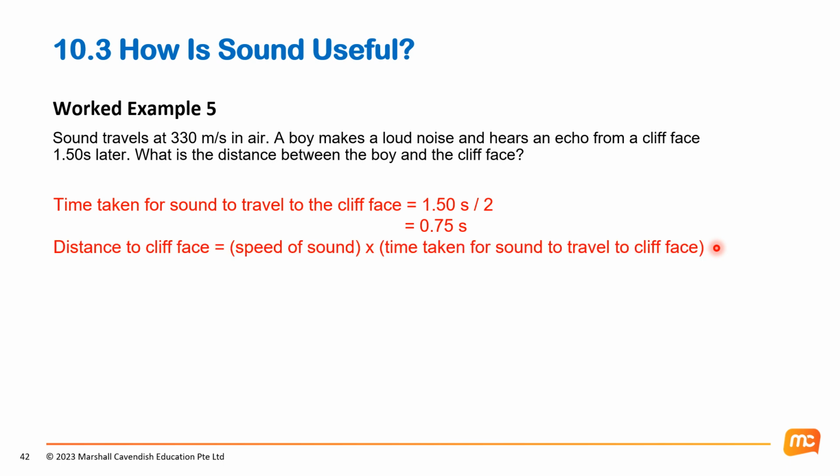And then using our ideas of velocity being distance over time, or in this case, distance being speed multiplied by the time taken, the distance is the speed of sound multiplied by the time taken for the sound to travel to the cliff face, which would then give us 248 meters to 3 SF.